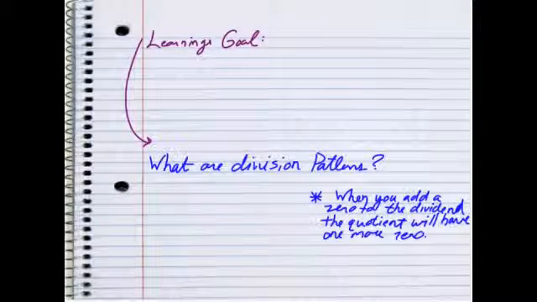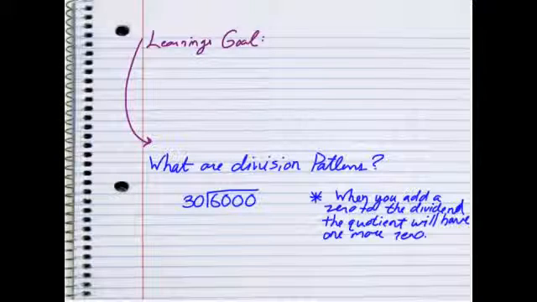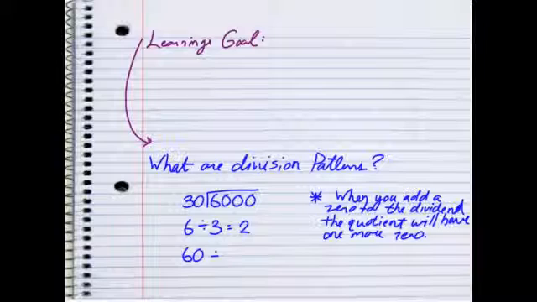First we'll do 30 divided into 6,000. If we start with 6 divided by 3, we know that 6 divided by 3 is equal to 2. If we beef it up a little and we say 60 divided by 30, each of those numbers has been given a 0, but my quotient is still 2.